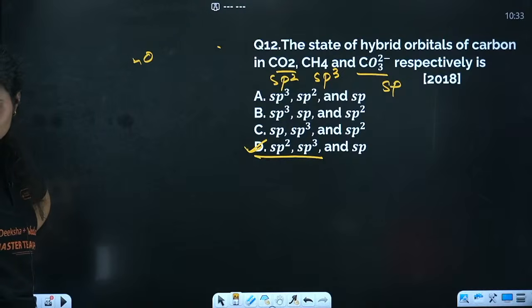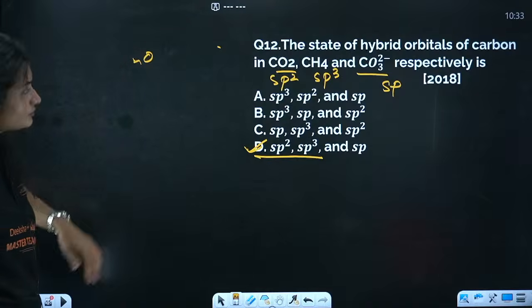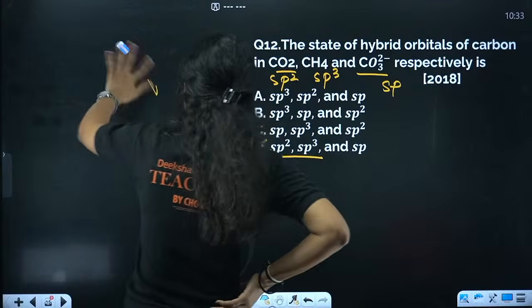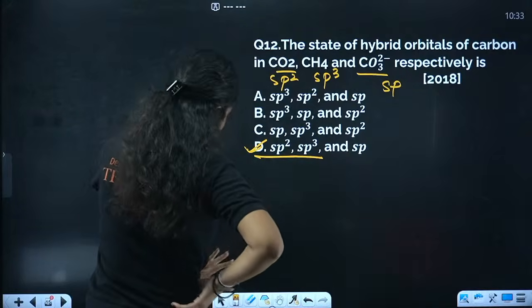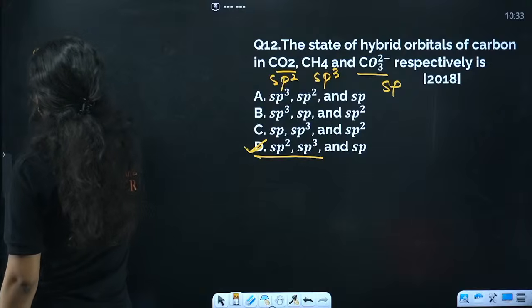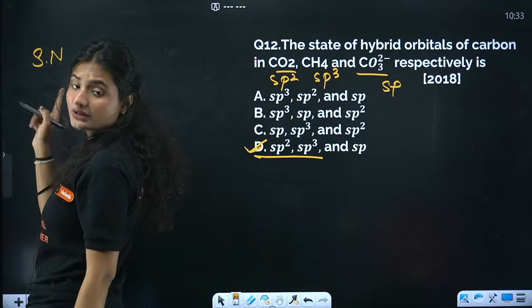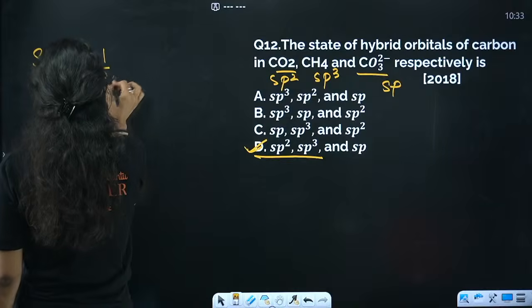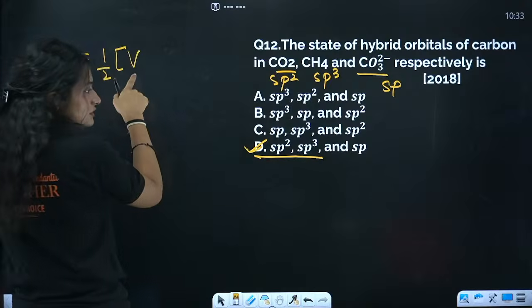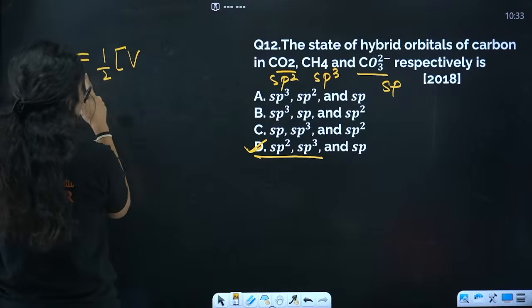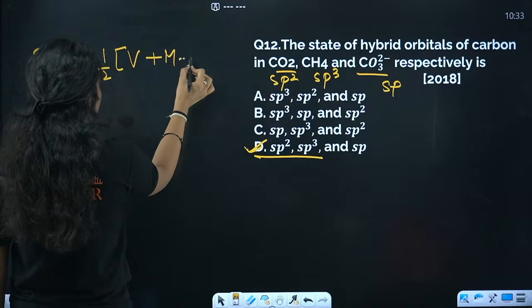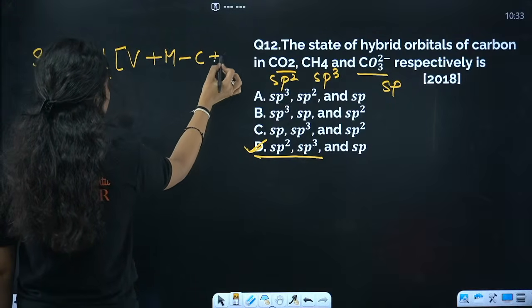How to find sp, sp2, sp3? Very easy. I told you the formula for hybridization. Write it down. You calculate a thing called steric number. Steric number is half the number of valence electrons on that atom, plus the monovalent atoms attached to that atom, minus the charge on cation plus the charge on anion.